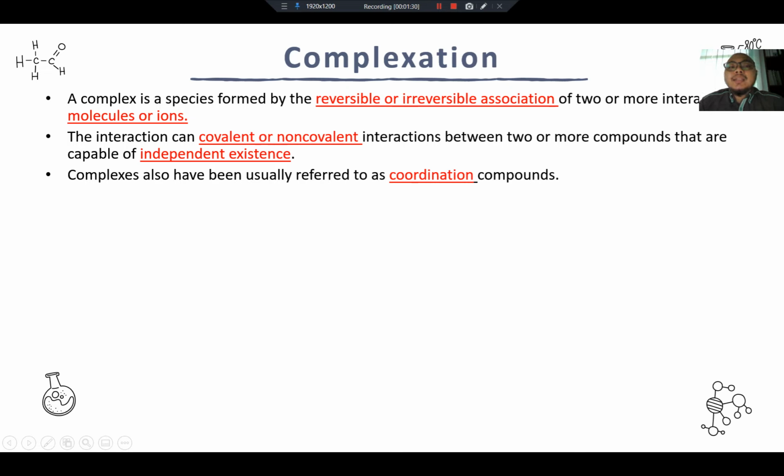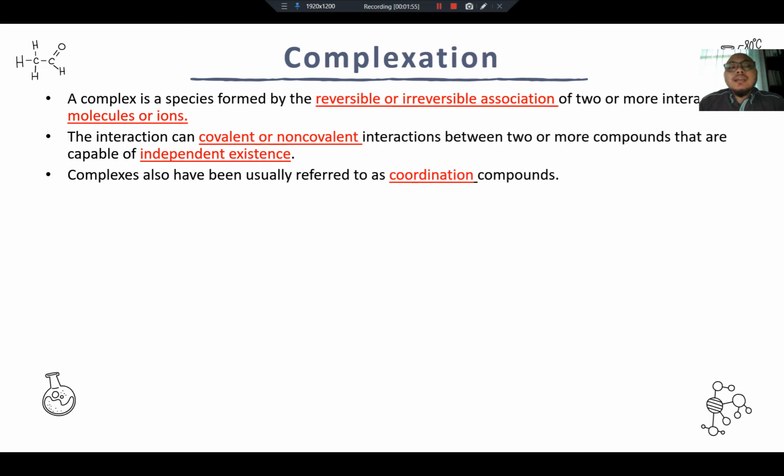What does independent existence mean? No formation of a new product. They will not change the structure of either the chelating agent or the target compound, but they will just merge together, attach, I think is the right word.